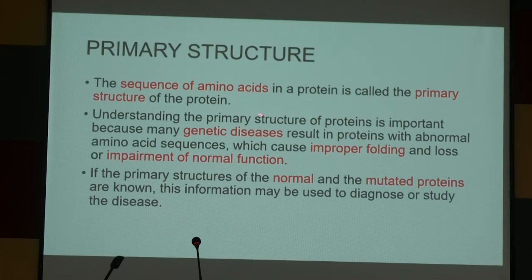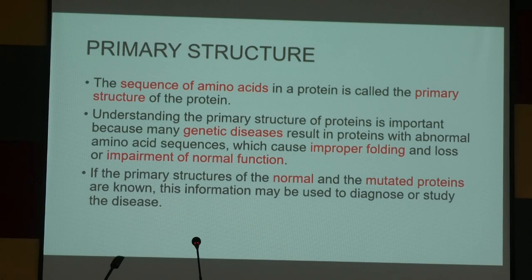So now we come to the primary structure. The sequence is very important. And when we know the sequence of a normal protein structure, then we can identify the diseased polypeptide or the diseased protein.